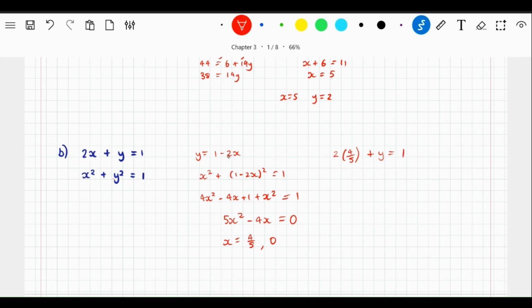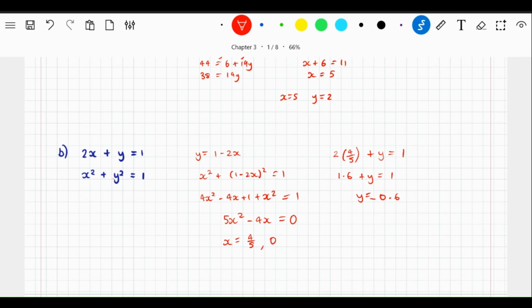Now if we do that all together, that's going to give us 8/5, which is 1.6. It's going to be 1.6 plus y equals 1. So if we take away that 1.6 from that side, we're going to be left with y equals negative 0.6. So that's going to be one of the values for y.